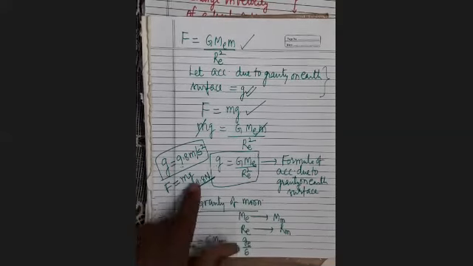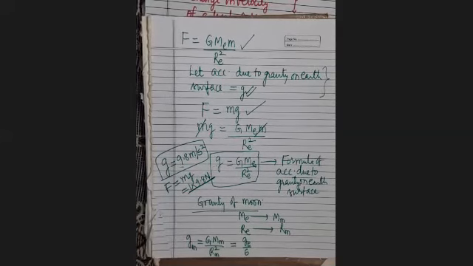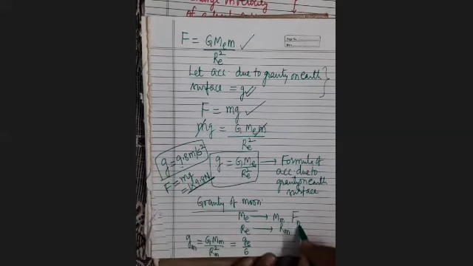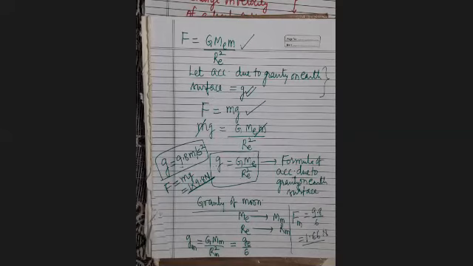Earth will attract that body with a force of 9.8 Newton. But on the moon, that force will become 1/6 of this. It is 9.8 upon 6, so it is 1.66 Newton. It's clear? So this is the gravity of the moon.